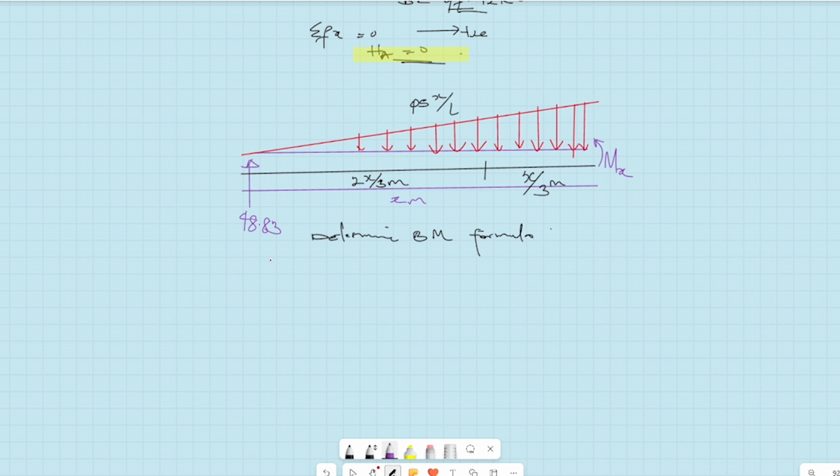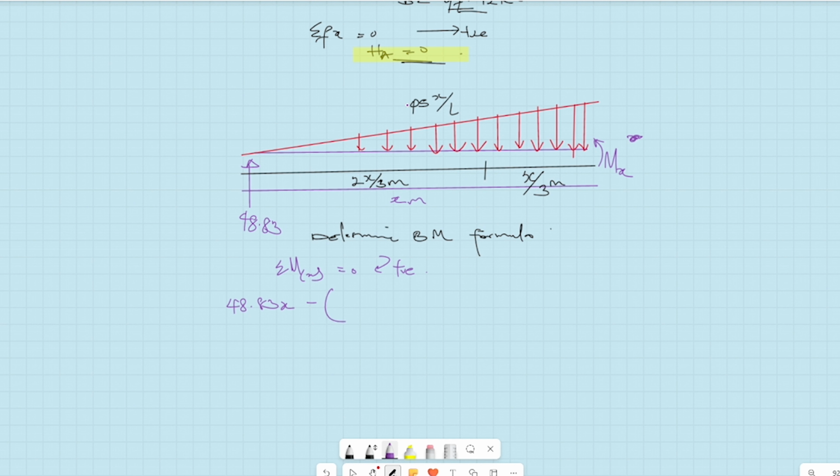So we can achieve this by taking a moment about these points here. So summation of moments about x is equal to 0. Clockwise positive. So what do we have? We have 48.83 multiplied by x minus.